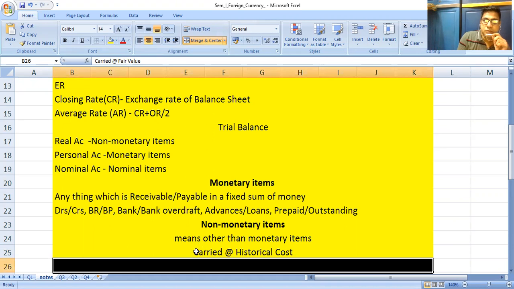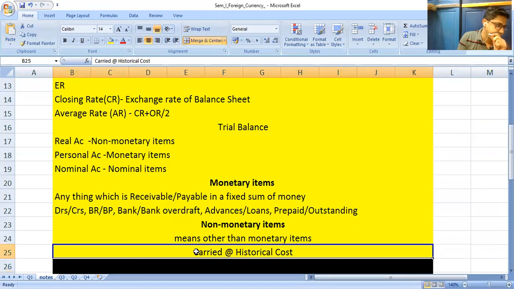So depreciation. No. See, if I purchase plant and machinery for rupees 1 lakh, so 1 lakh is considered as the historical cost.